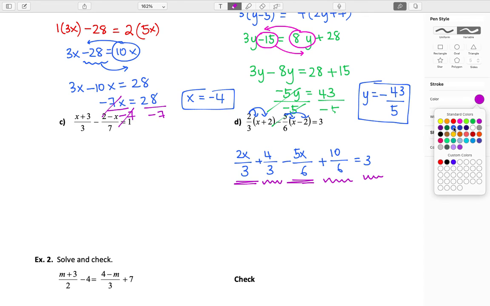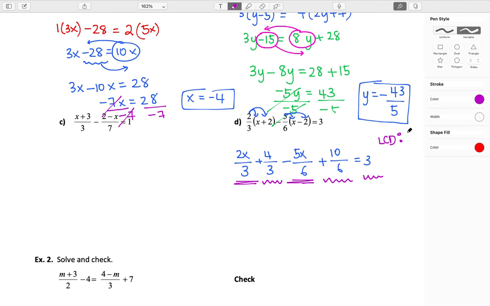So what I'm going to do before I do anything is collect the like terms, and let's get rid of the denominator by finding the lowest common denominator, which is 6. So I'm multiplying everything by 6. Everything.